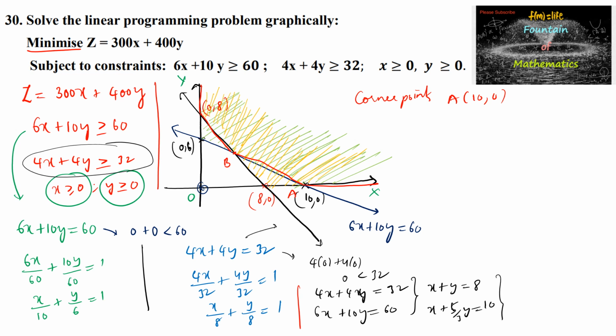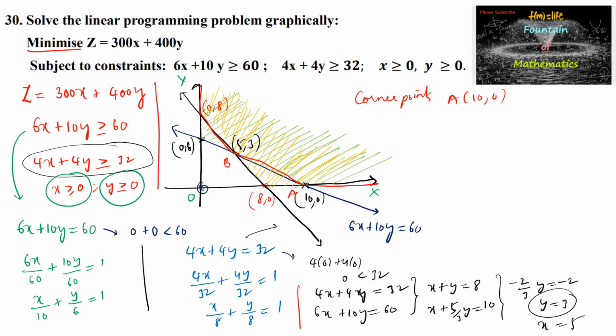By subtracting these both, 1 minus 5 by 3, that is minus 2 by 3, y is equal to 8 minus 10, that is minus 2, so y is equal to 3. When y is equal to 3, since x plus y is equal to 8, x is equal to 5. So here we can consider the point as 5 comma 3.